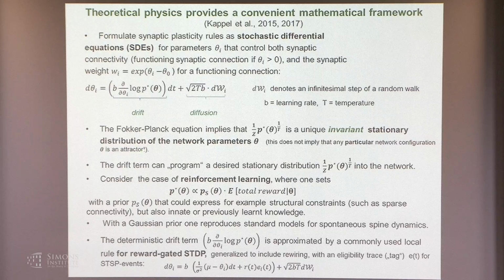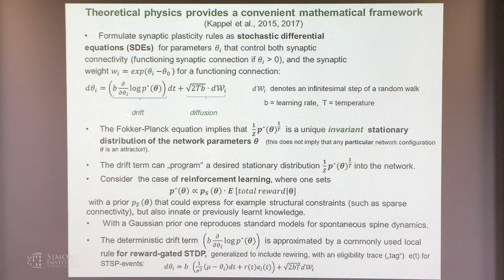Namely, it has as a unique invariant stationary distribution something very close to p star, modulated by 1 over T. So if high temperature, it's flattened; if low temperature, the peaks come out more strongly.